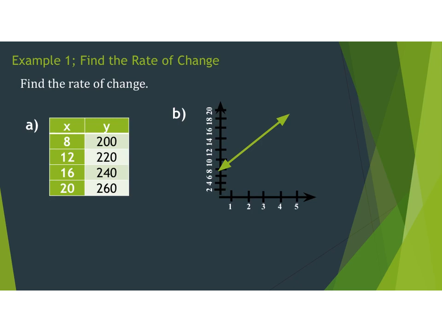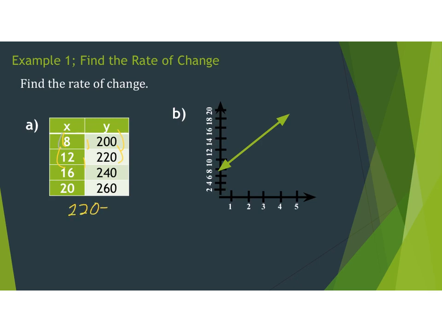For this first example, we see a table where we have x's and y's and the way they correspond. So to find the rate of change, what we're going to do is pick two of the points. For example, the first one maybe, and the second one. And we're going to take the y's, and the change in means subtraction.